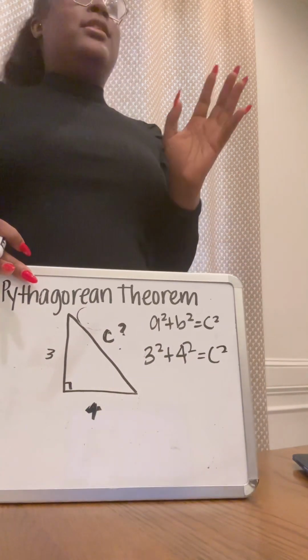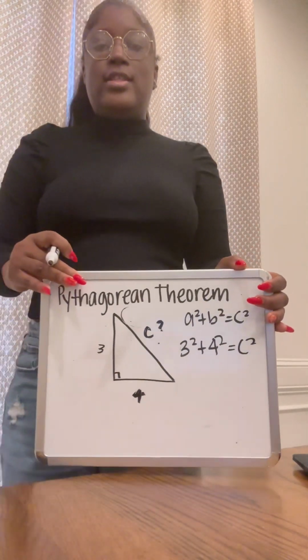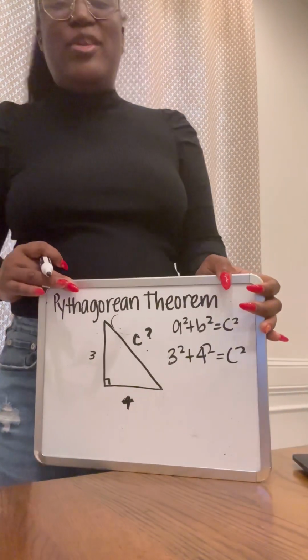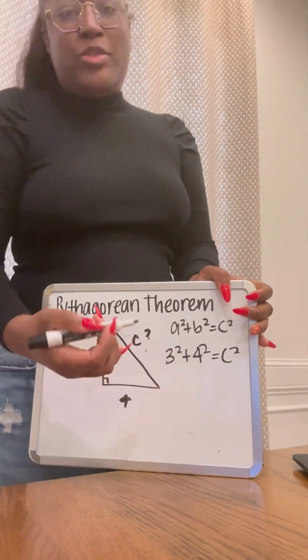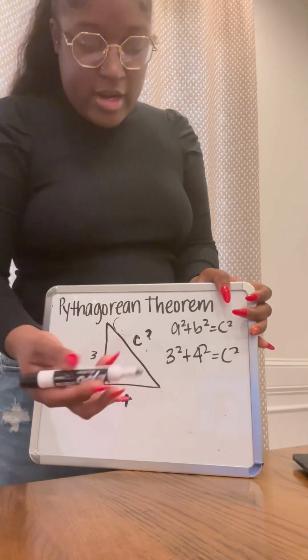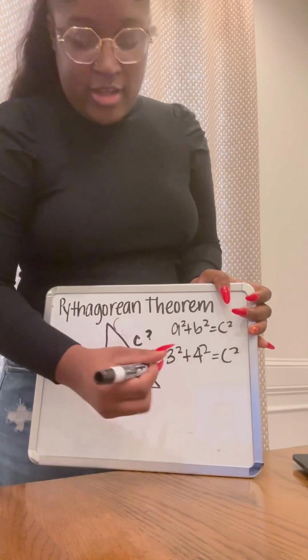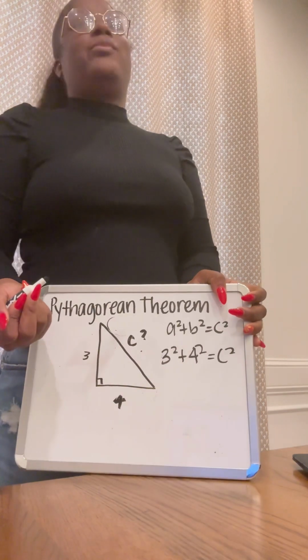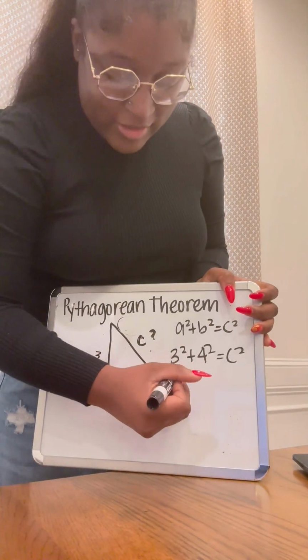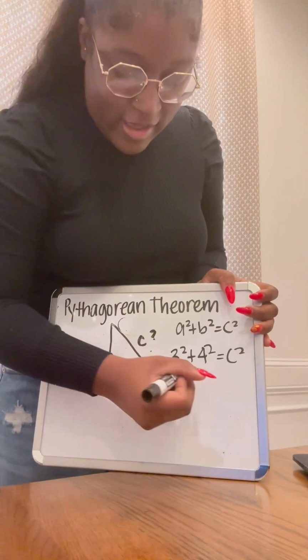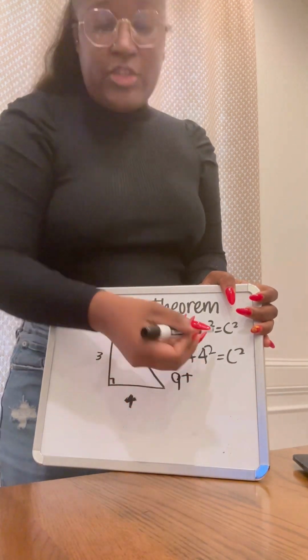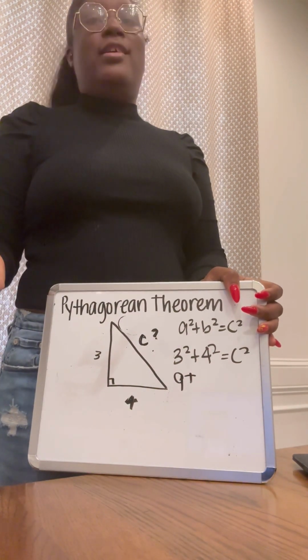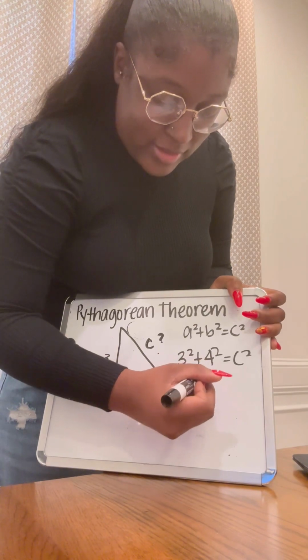And is anyone familiar with exponents? Okay, so exponents, if it's squared, you're going to do that number times that number. So 3 times 3 is going to give us what? Exactly, it's going to give us 9. And we're going to add that to 4 squared. 4 times 4 is going to be 16.